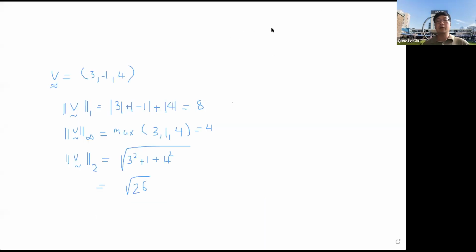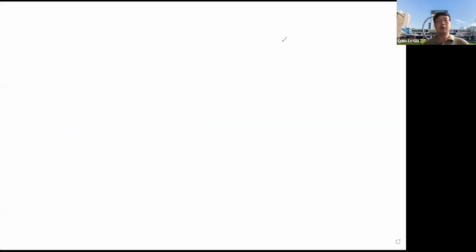So now let me clear everything now. So you see, suppose just take R2, okay? And suppose we take a matrix A, just some A, B, C, D, which are real numbers.